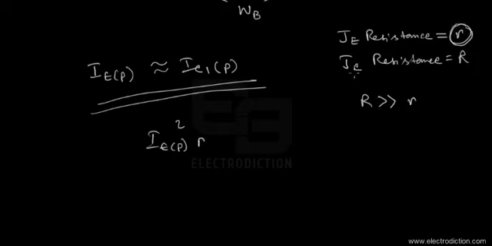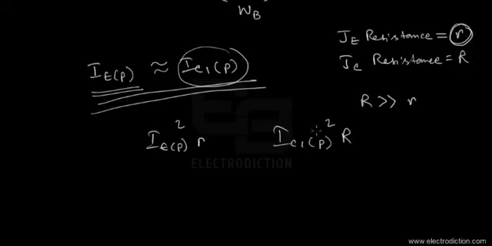And if we take the collector current, which is approximately equal to the emitter current component due to the holes, then IC1P squared multiplied with the resistance at the collector junction, capital R, gives us two power quantities. This is the power across the emitter junction, and here we have the power across the collector junction.